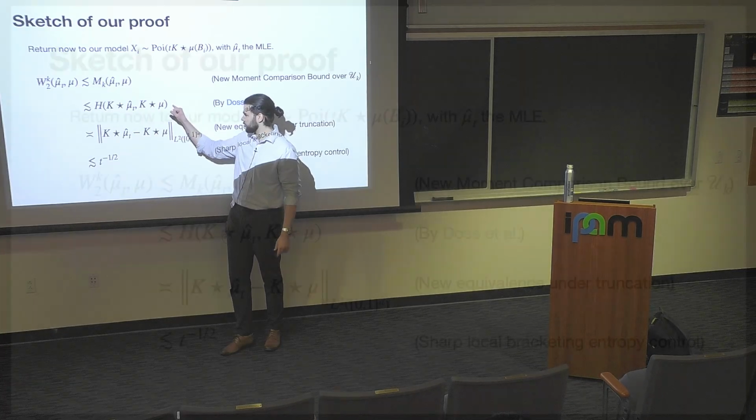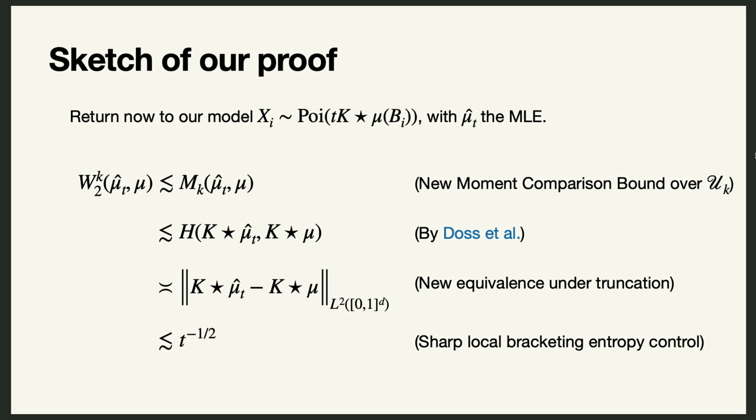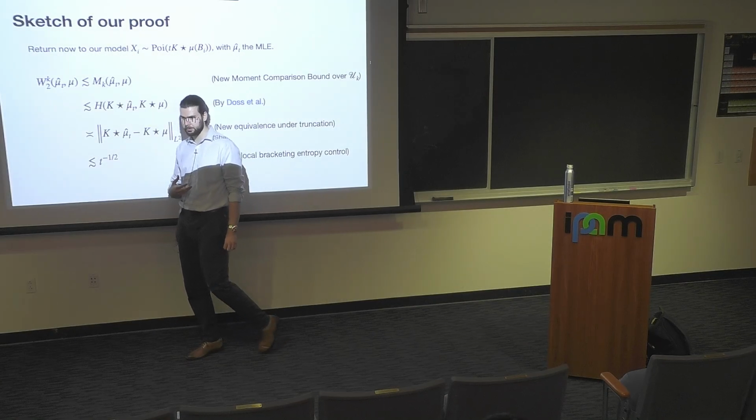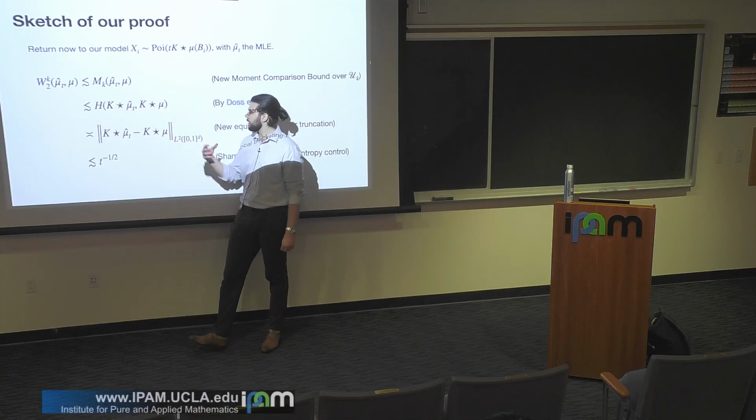I'm telling you that the Hellinger distance is equivalent to the L2 distance, but now over the unit cube rather than over all of R^d. So let's say you believe me that the Hellinger distance is equivalent to the L2 distance over the space of Gaussian mixtures, which it is. Then this would be equivalent to this with an L2 of R^d.